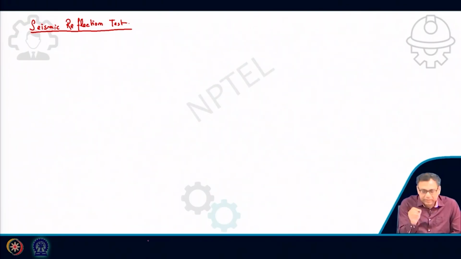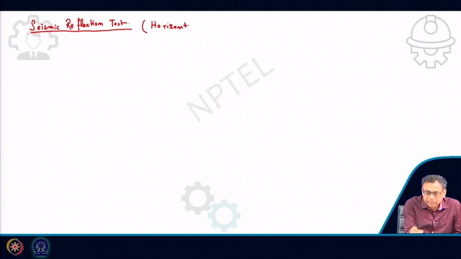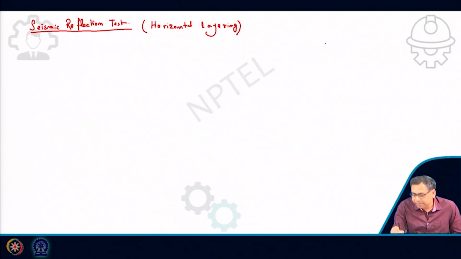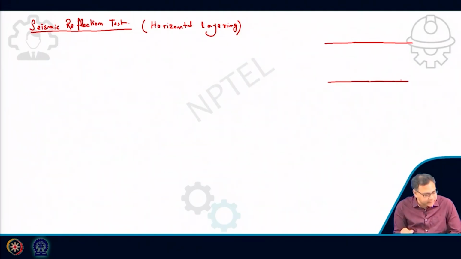So, first is the seismic reflection test, and that is for horizontal layering. That means the layer is horizontal. So, suppose this is the ground surface and this is the horizontal layer.